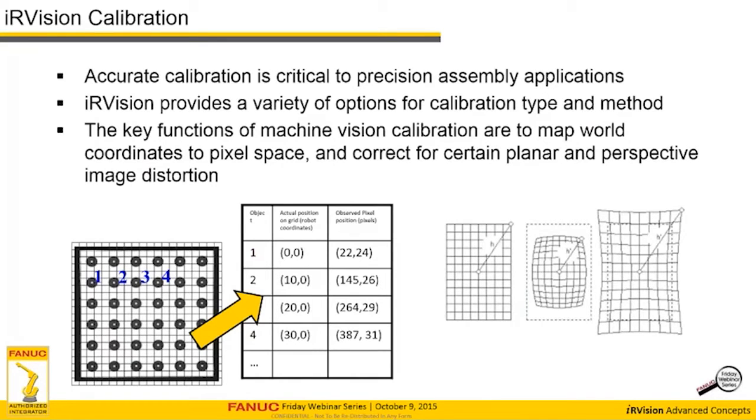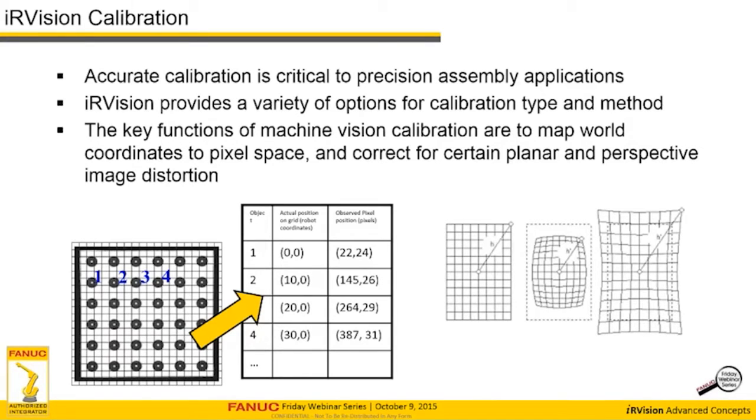The purpose of the calibration is not just to map world coordinates, but also to correct for planar and perspective image distortion. All lenses have a certain amount of perspective image distortion, and of course, inconsistencies in the mounting of the camera over the plane of the part introduce planar distortion.